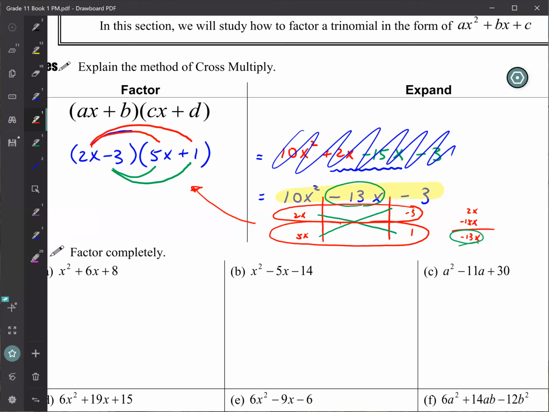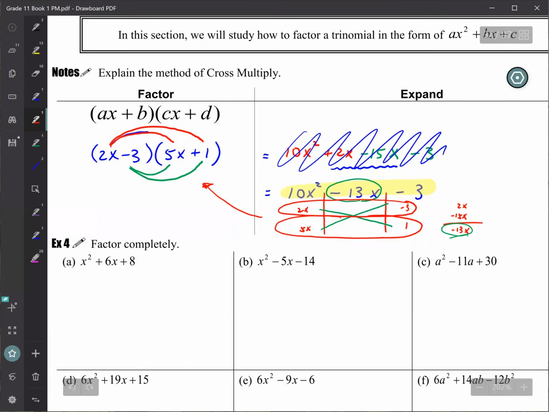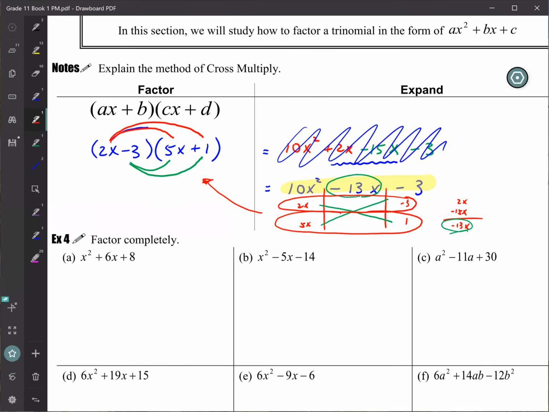Okay, so you guys can copy down the notes. And when you're ready to move on to question 4, okay, raise your hand. We're gonna work a couple questions together, okay, before I let you guys try on your own. So raise your hand when you're ready to move on.